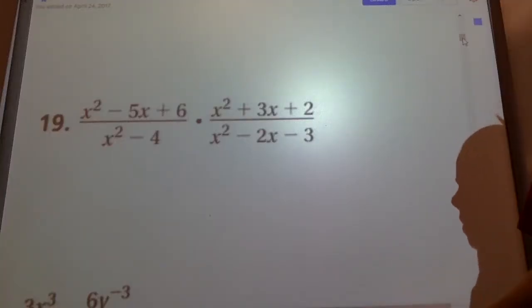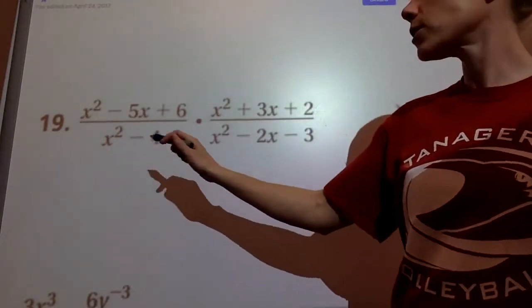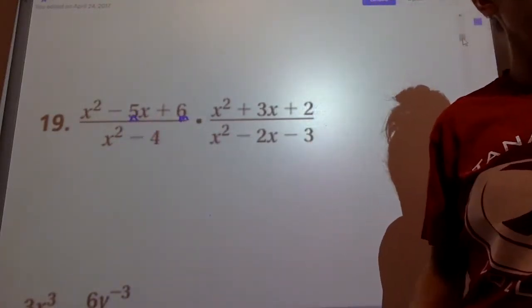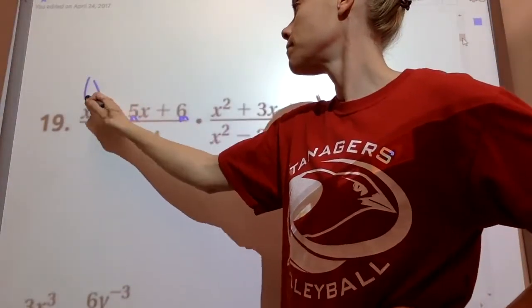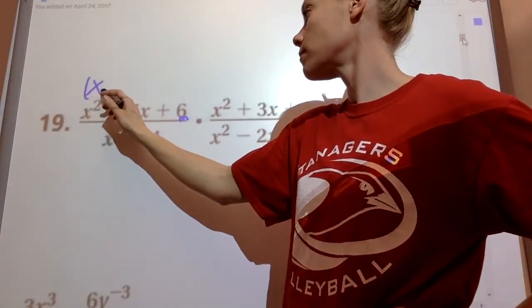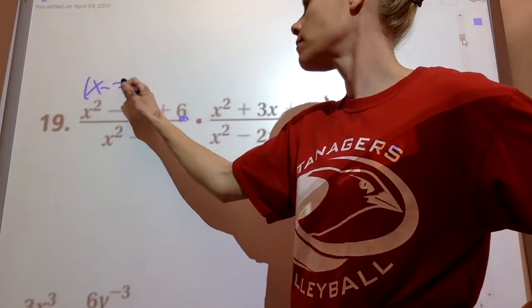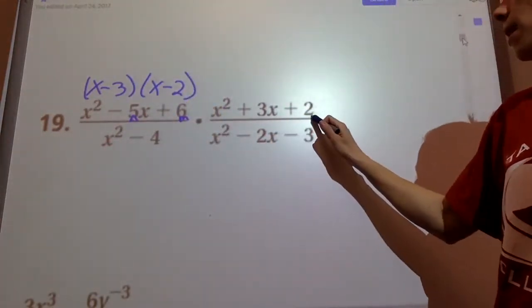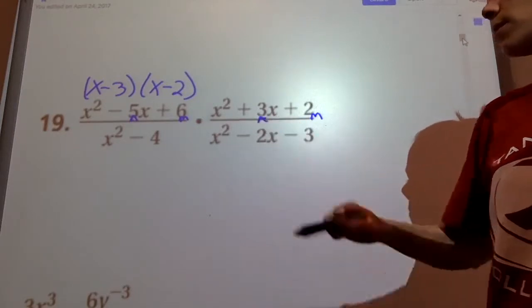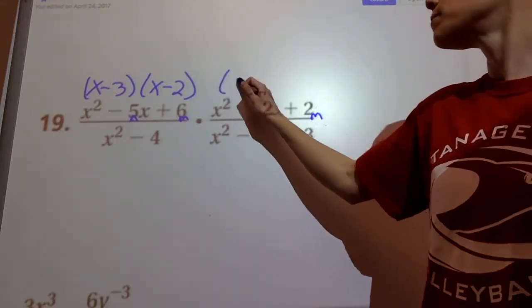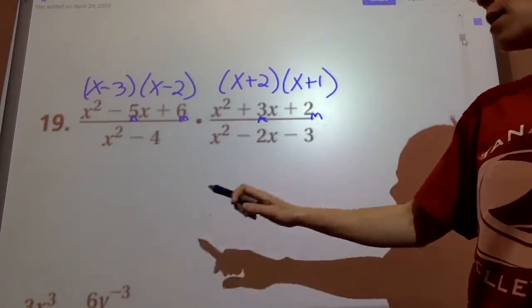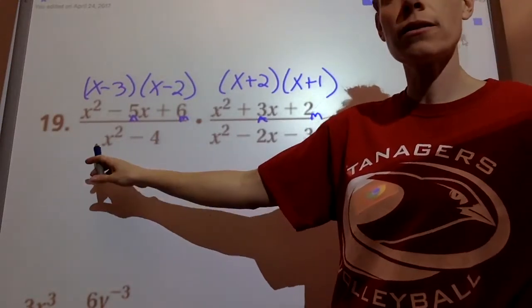Factor, and these are quadratics, so we factor. What do I multiply equals 6, but add equals negative 5? What do I multiply equals 2, but add equals 3? 2 and 1. This is a difference of squares.